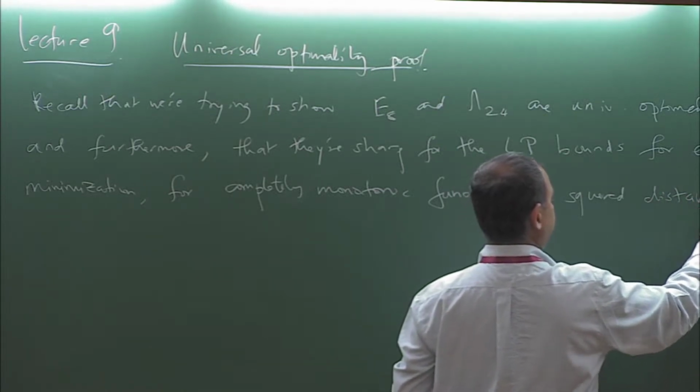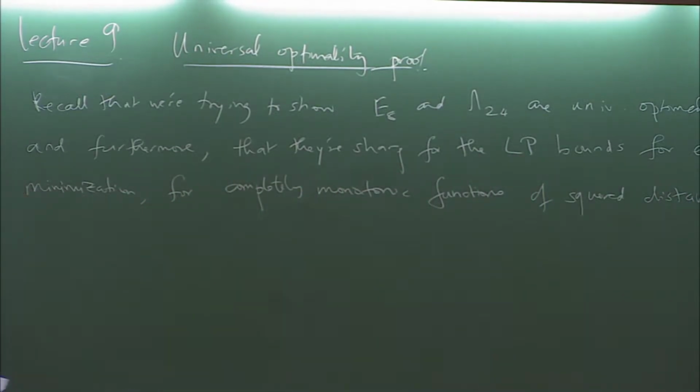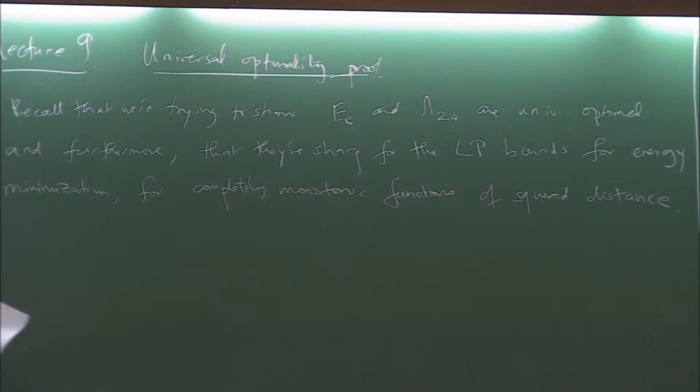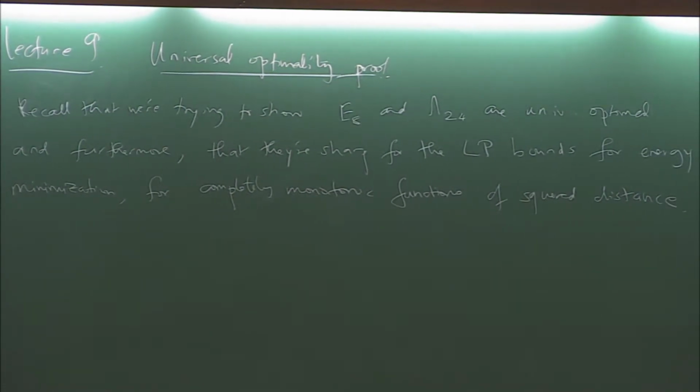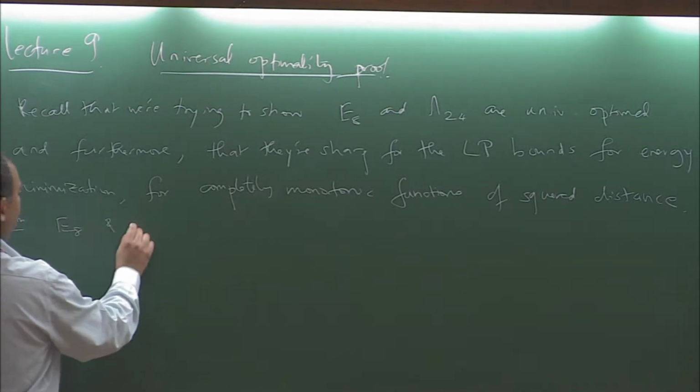So universally optimal says that they optimize every completely monotonic function of squared distance, but in fact we're even going to show something stronger, that they're sharp for the LP bounds. So that's the theorem. Let me just state it so that that's the goal.